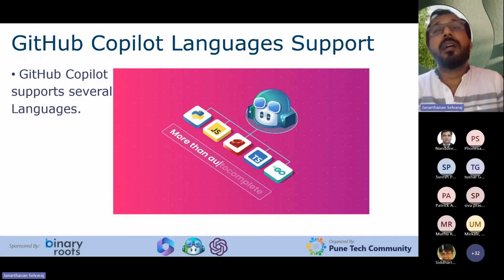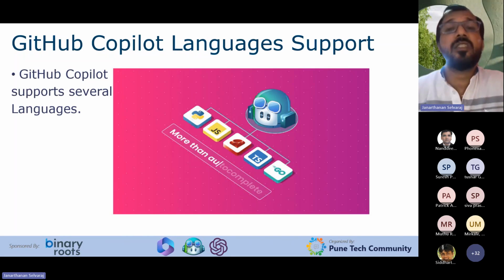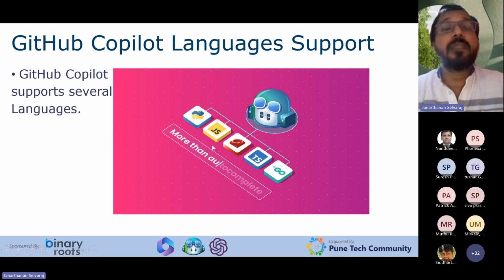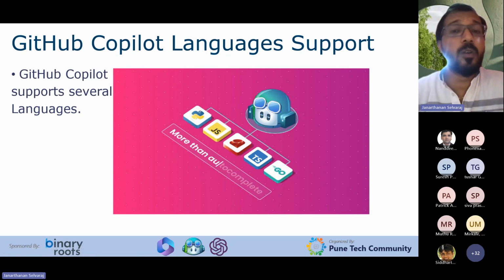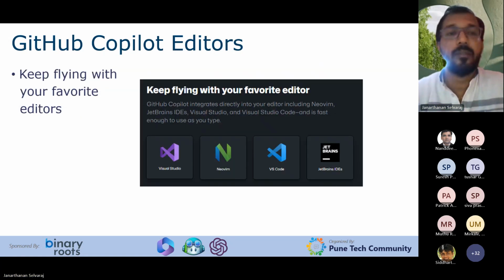As I told you earlier in the GitHub Copilot features, GitHub Copilot supports a large number of languages, like Python, JavaScript, Ruby, TypeScript, and Go. Along with this, Java is also supported, and .NET is also supported by GitHub Copilot.